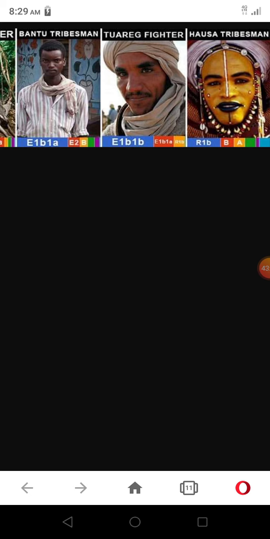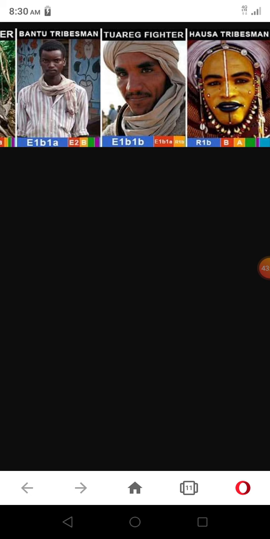And notice, you have R1B, you have a B, an A, and then you have other colors that they don't mark. Well, the other colors that they don't mark is actually E1A. So the Hausa is like a super group, but it's composed of other groups of people.